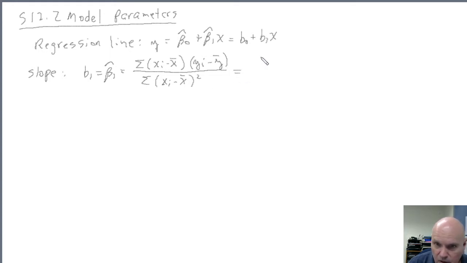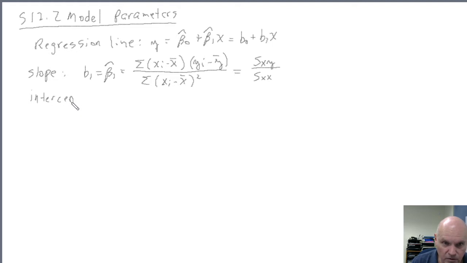We've used notation like this way back in chapter 1. The numerator we denoted as capital Sxy, and the denominator is Sxx, the sum of the squares of x. Calculating these is a little bit messy. I'll show you computation formulas in just a bit and alternate ways of getting those.